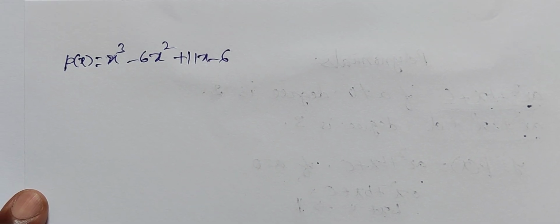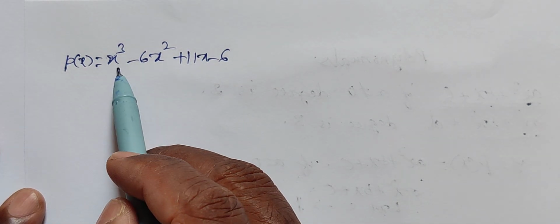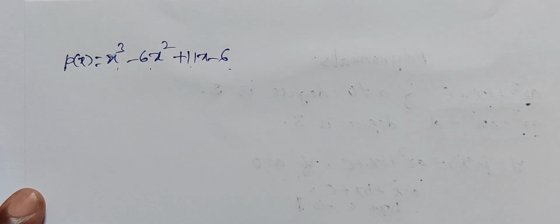A polynomial means multiple terms. Here this is a single term, this is another term, and this is another term. Multiple terms make it a polynomial, and usually the variable in all these polynomials will be a single variable like x, y, or z, only one variable, not like x cube minus 6y square.